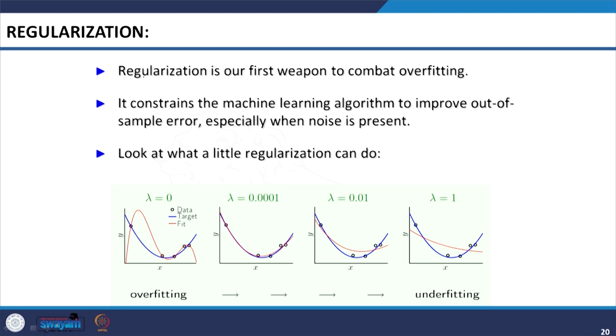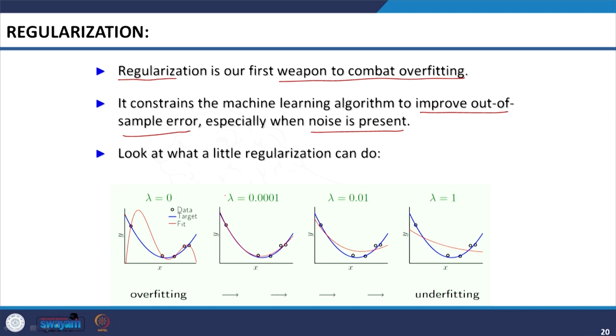The concept of regularization is our first weapon to combat overfitting. It constrains the machine learning algorithm to improve out of sample error, especially when noise is present. For example, here you can see this red curve is giving you the overfitting. Ideally, it should be the blue one.